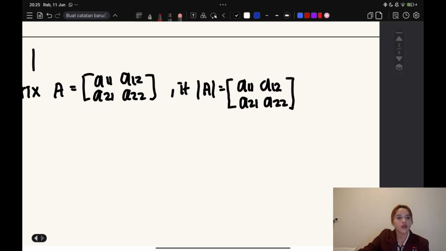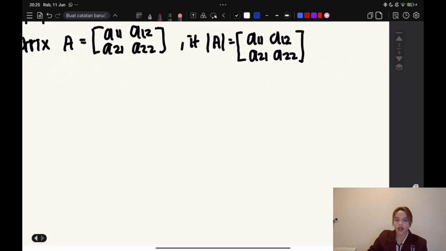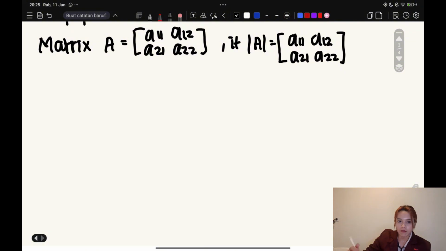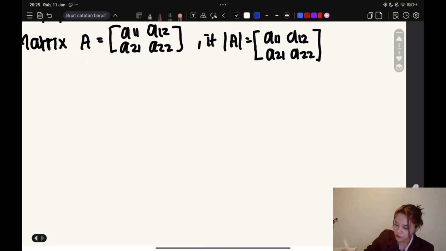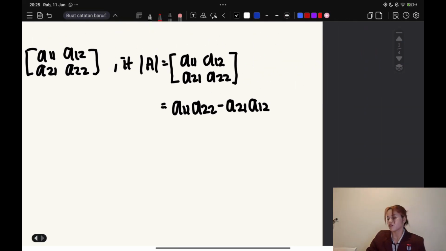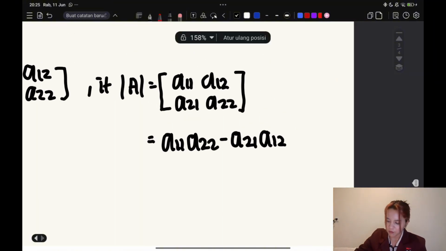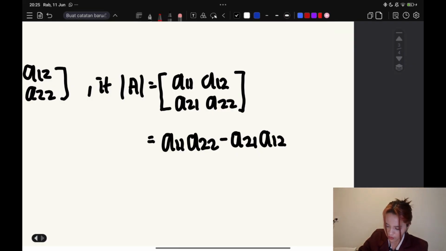Okay, its numerical value like this, and then we have to change this numerical value to be, we have to times the numbers like this.